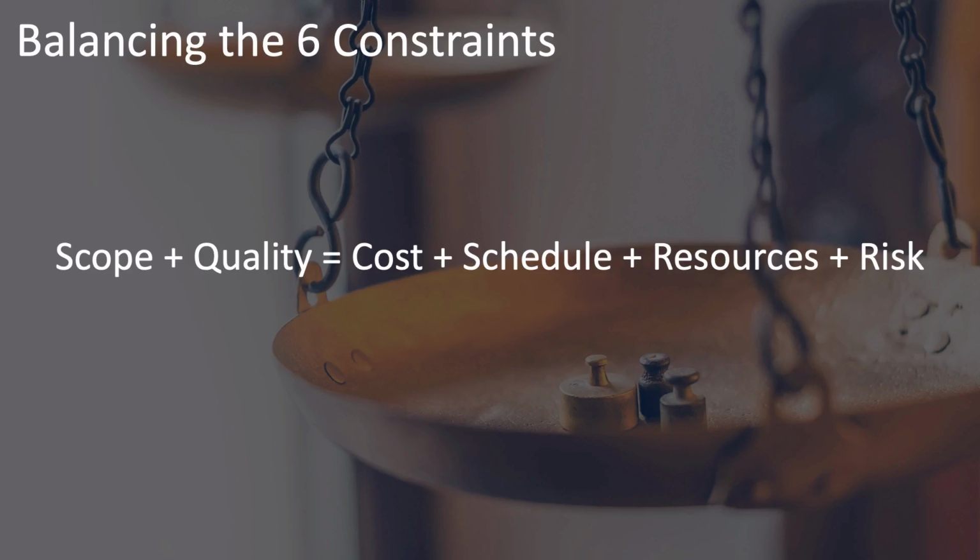Meaning that changes to scope, if scope were to increase, then either quality has to decrease to keep the balance, or something on the other side of this equation has to change. In the next several slides, we'll go through some specific examples of how this equation works to help balance the constraints of a project.